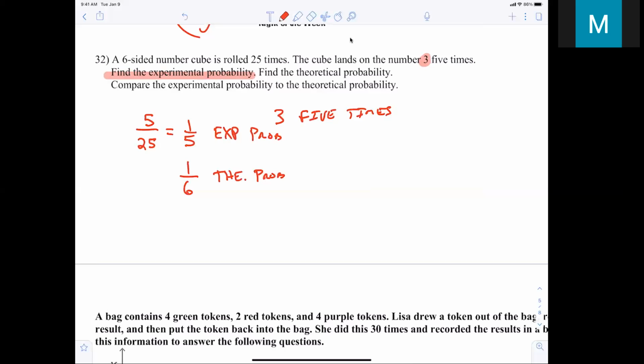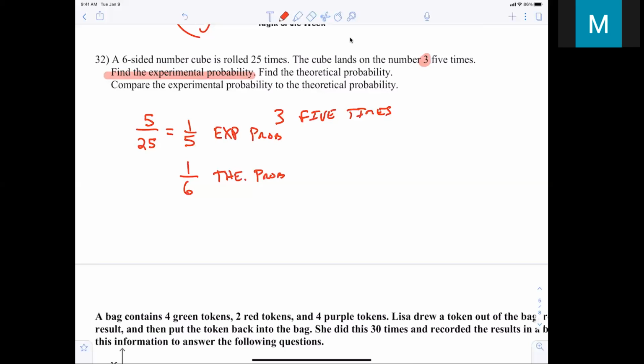Now, again, I want some hands if you're not understanding what I mean by theoretical and experimental. No. So that would mean you're getting the same number each time. All right, that's not what it's saying.